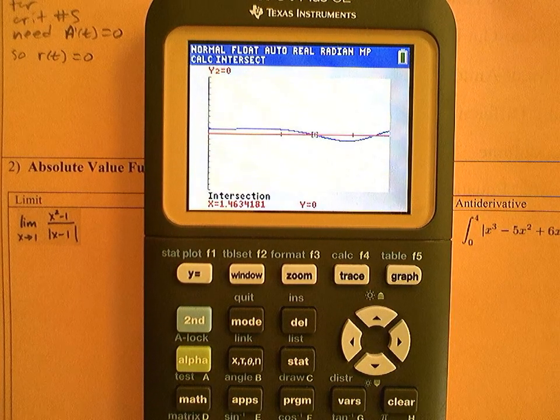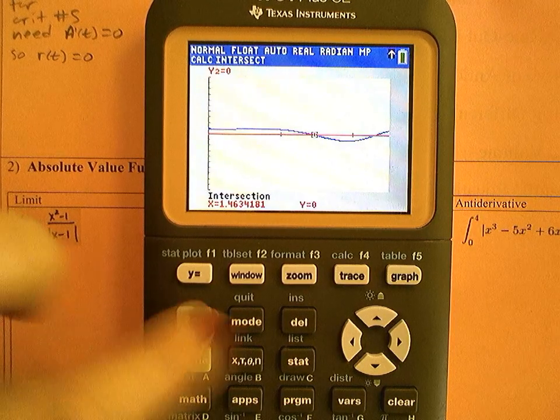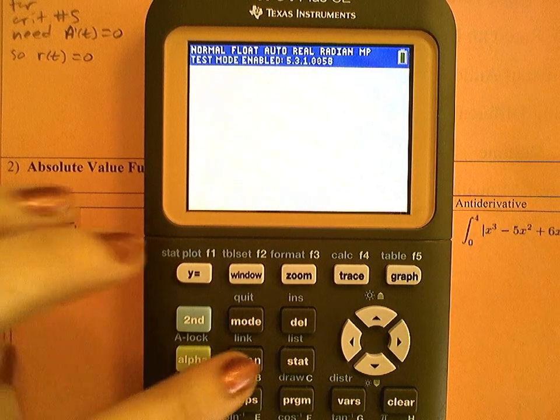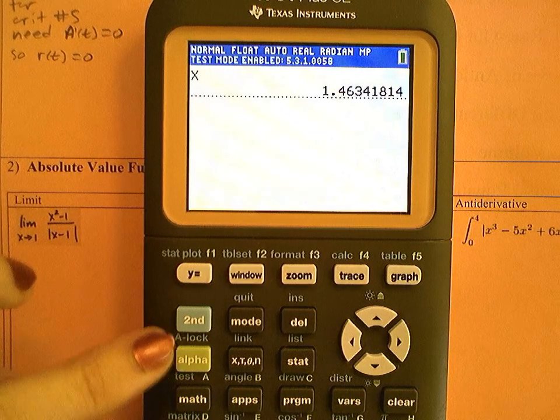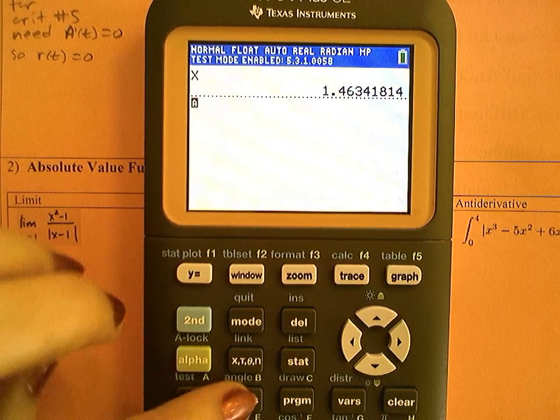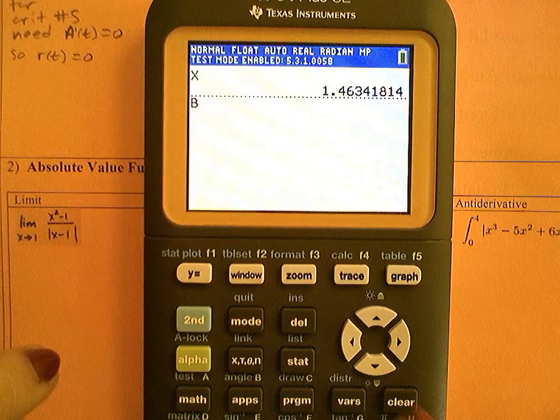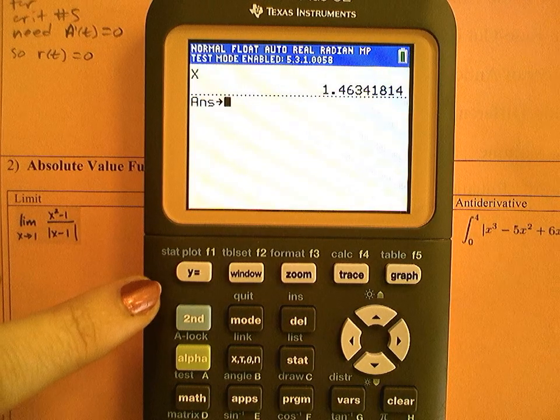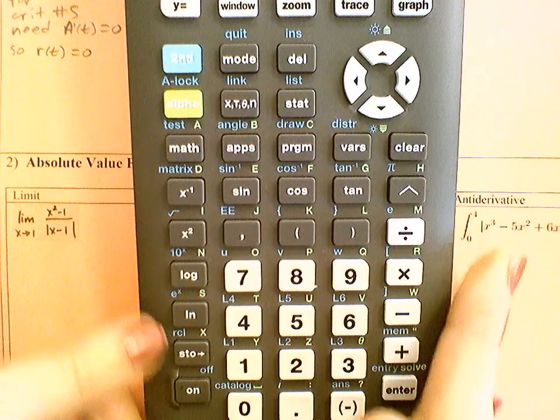I need to store that. So I go to my home screen, I hit X, and I'll store it. I'm already using A. Whoopsie. So I hit store right there.